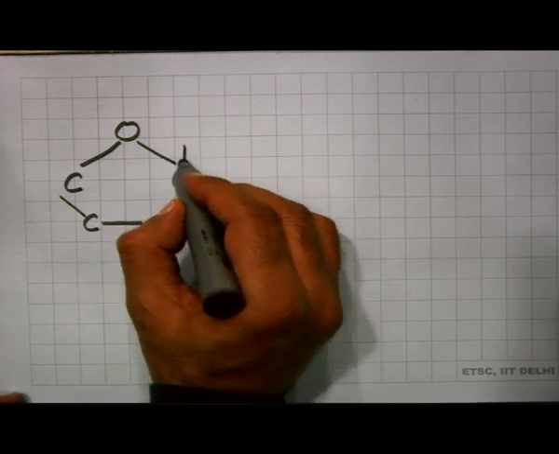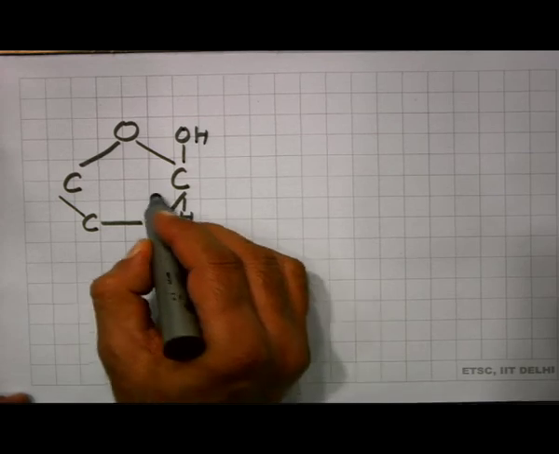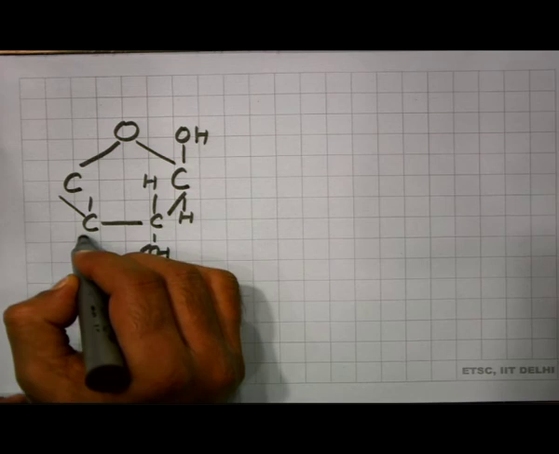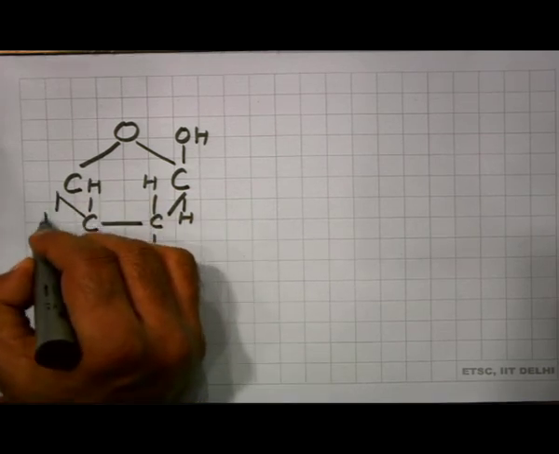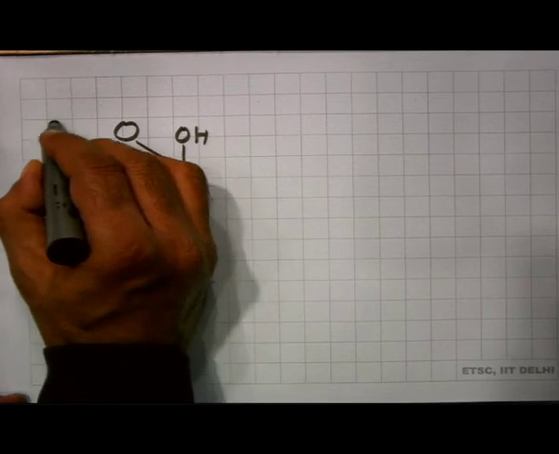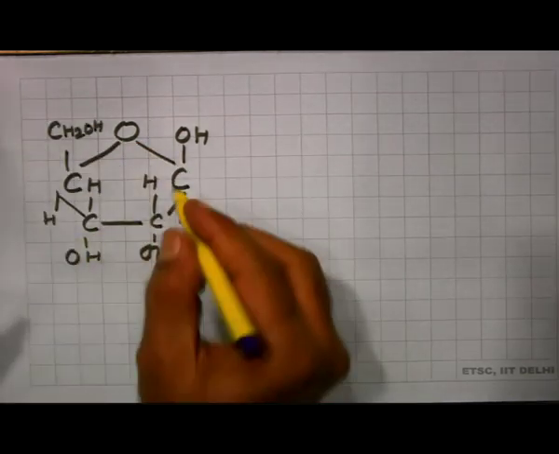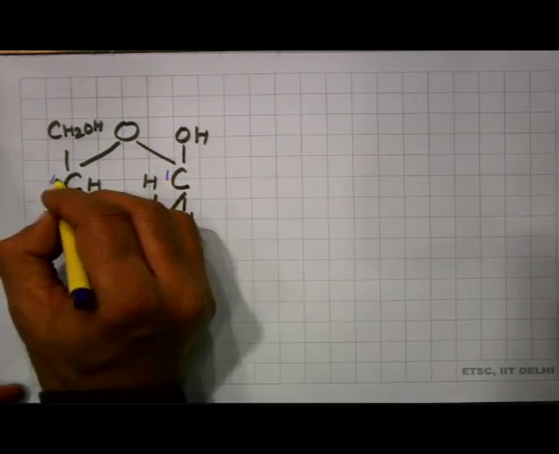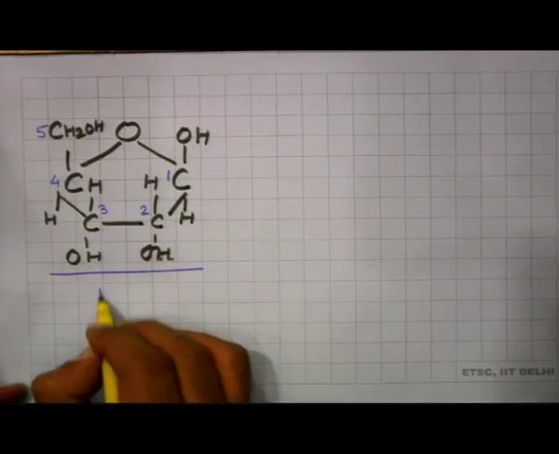Here is OH, H, H, OH, H, OH, H, and CH2OH, by numbering these 1, 2, 3, 4 and 5. So, this is the structure of ribose.